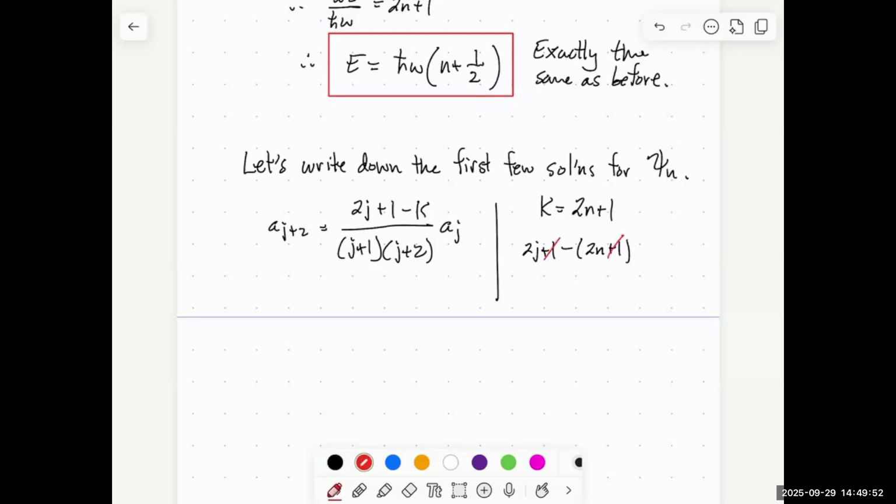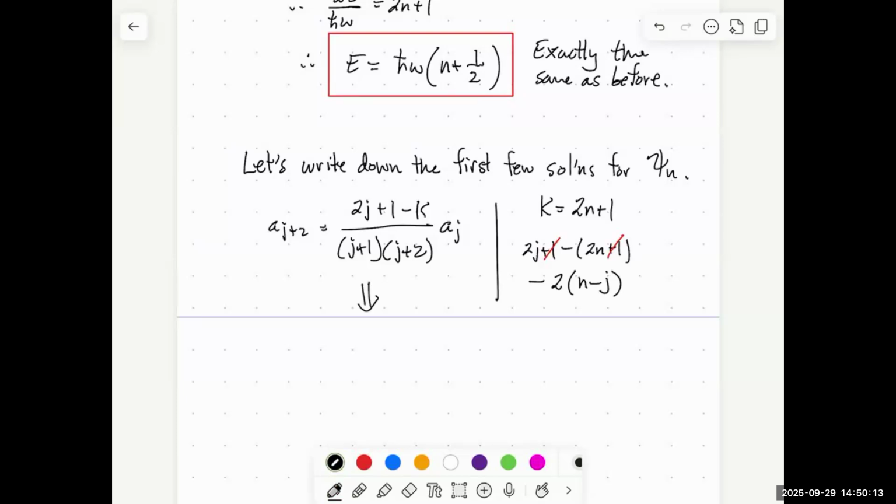Okay, so the ones cancel, and this is the same thing as, let's see, I'm going to write it as -2(n - j). Okay, so this is the numerator of our recursion relation.